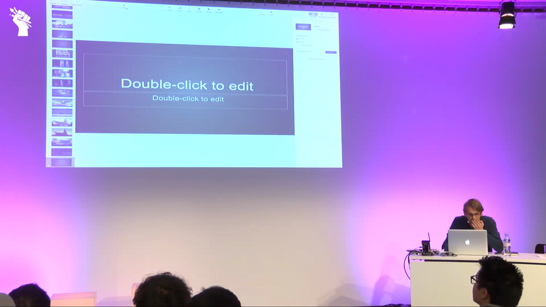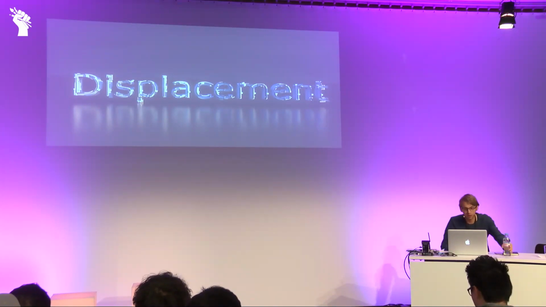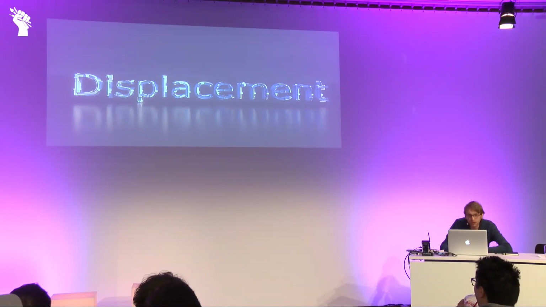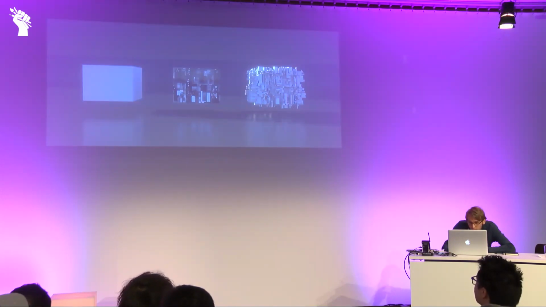So let's jump into the next chapter, which is actually my favorite tool in the entire world. It's called Displacement. So what I tried to do is add the effect I will be talking about to the title, if that wasn't obvious.